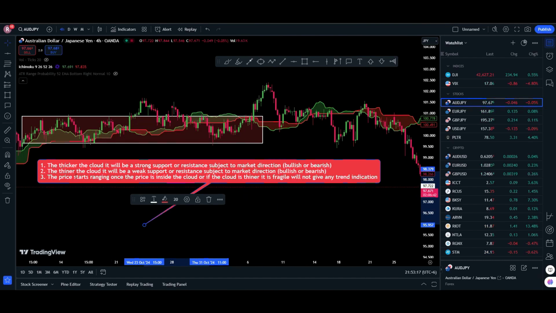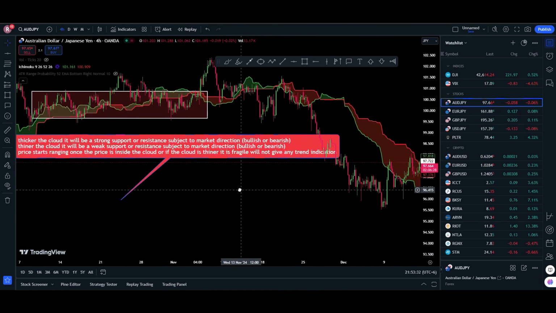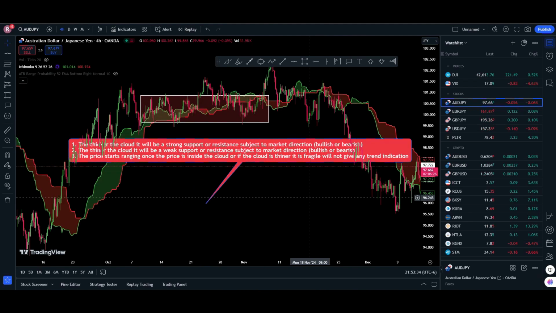And the price starts ranging once the price is inside the cloud, or if the cloud is thinner, it is fragile and will not give any trend indication. So these three things we will keep in mind. Whenever we take a trade, these three things will increase the probability of our trade if we consider them.